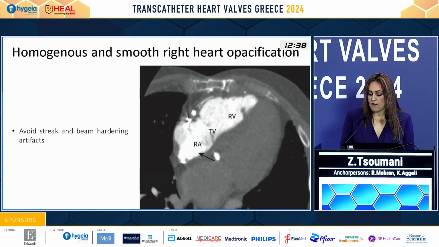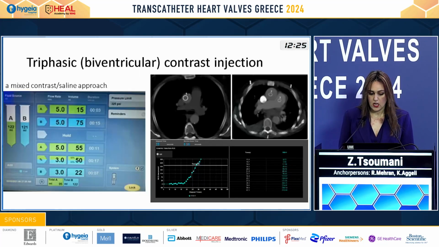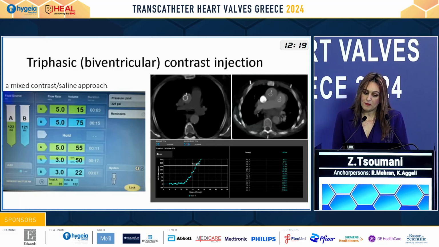In order to have the maximal quality of the scan, homogeneous and smooth right heart opacification is key, avoiding streak and beam hardening artifacts. We use not the standard but dedicated biphasic or, much better, triphasic contrast agent injection protocols that are based on a mixture of contrast and saline, and we finish with a saline flush.